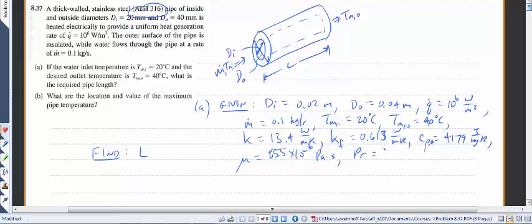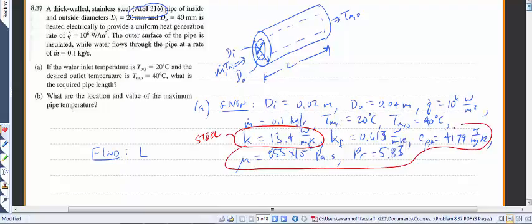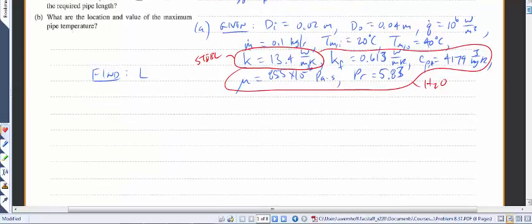And the Prandtl number of the fluid is 5.83. So again, the thermal conductivity k here is for the steel, whereas the remaining properties are for the water. So now we can get started.